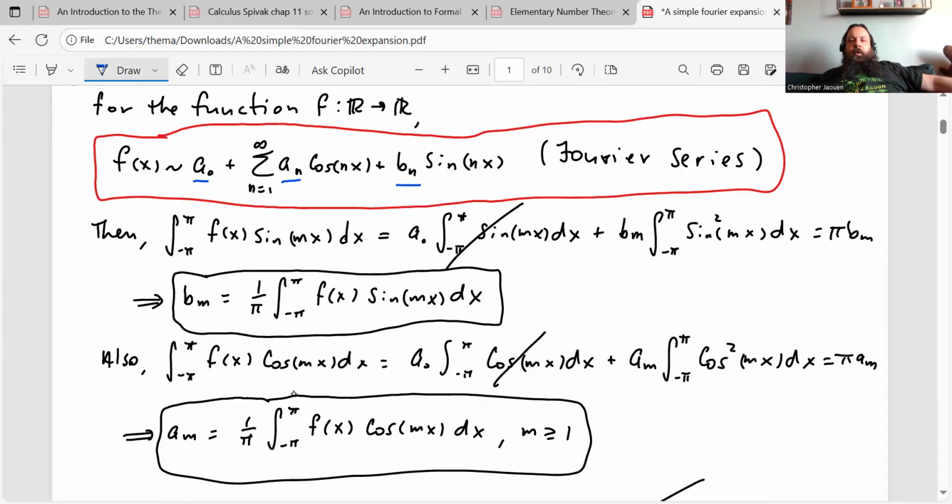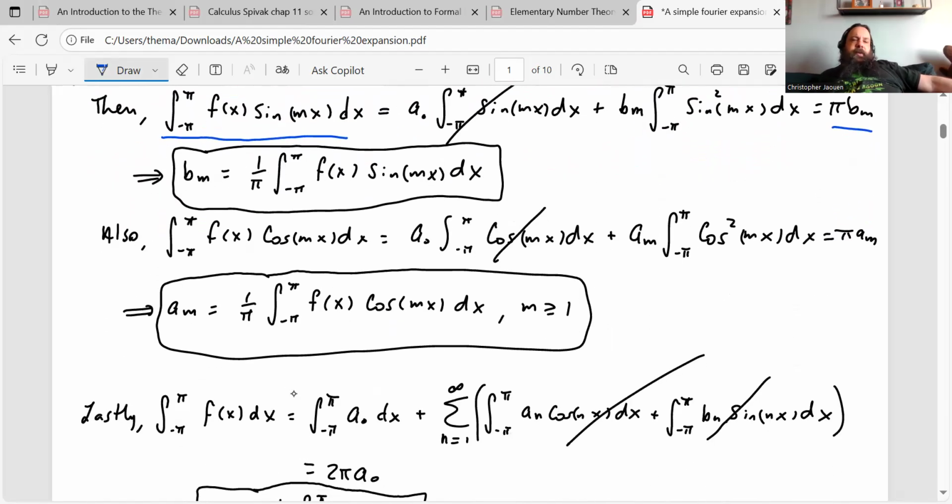So you only end up with the bm integral from negative pi to pi of sine squared mx dx. And when you integrate this from the facts up above, you end up with bm times pi. And I can divide both sides of this equation here by pi, and that gives me the coefficients for the bm.